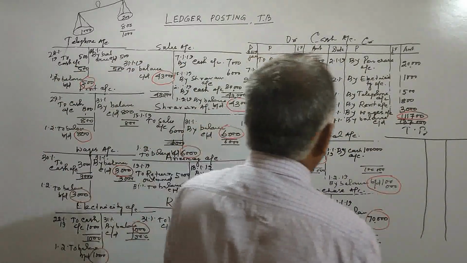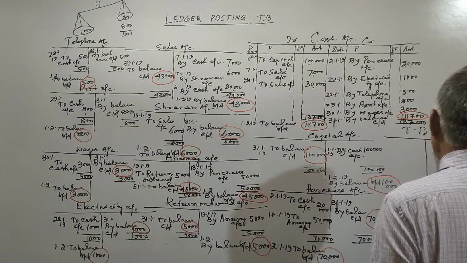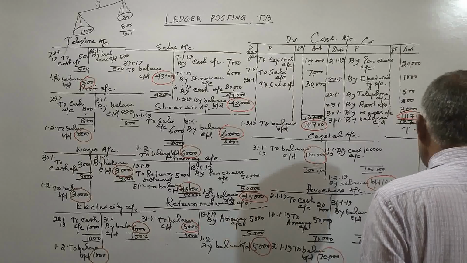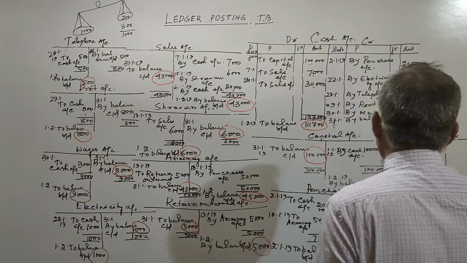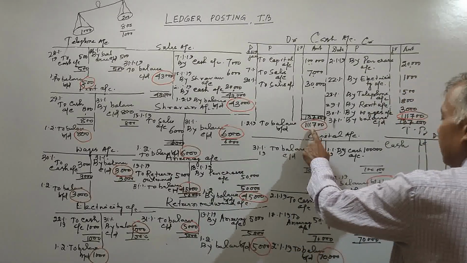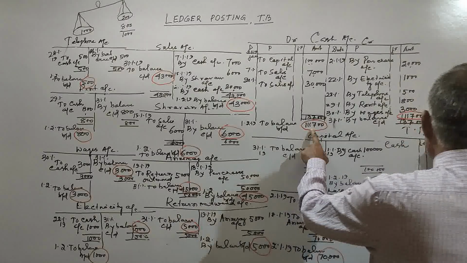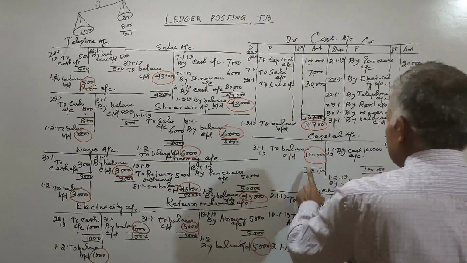We will go for the trial balance. Trial balance, this is debit, this is credit, this is your ledger folio. Let us write the cash. Cash debit, only the BD you have to take. This is 1,11,700 cash.